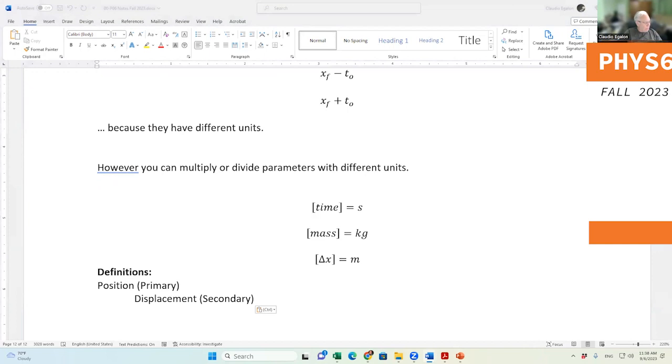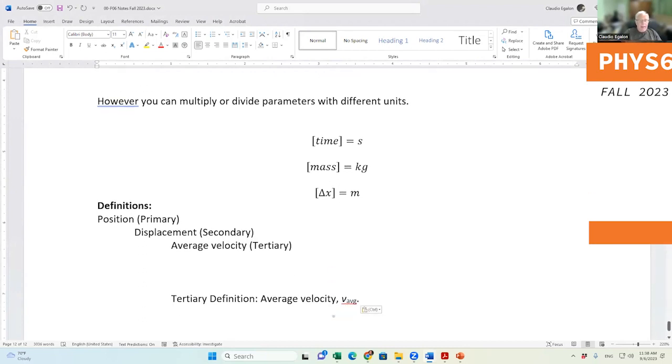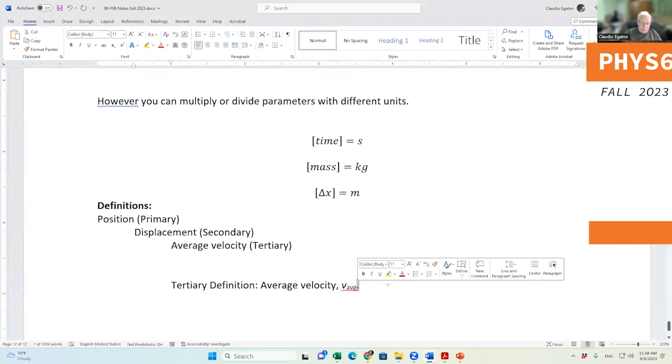Next in line is what I call a tertiary definition, which is called average velocity. This tertiary definition is represented by the letter V, sub-average. But you can also see it in a different way.